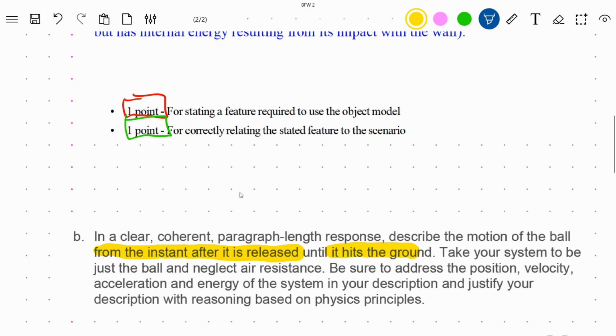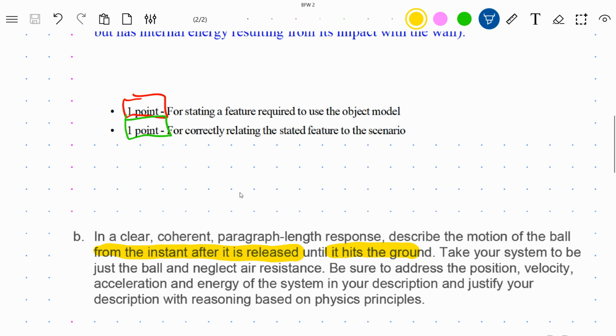The impact has maybe started, if you will, but the full effect of the impact has not been realized. I don't need to discuss whether it's going to bounce from the ground or sink into the ground and stop. I don't think that's within the scope of this question. So I'm only going to consider up until that moment of first contact with the ground, which is to say it would still be moving quickly.